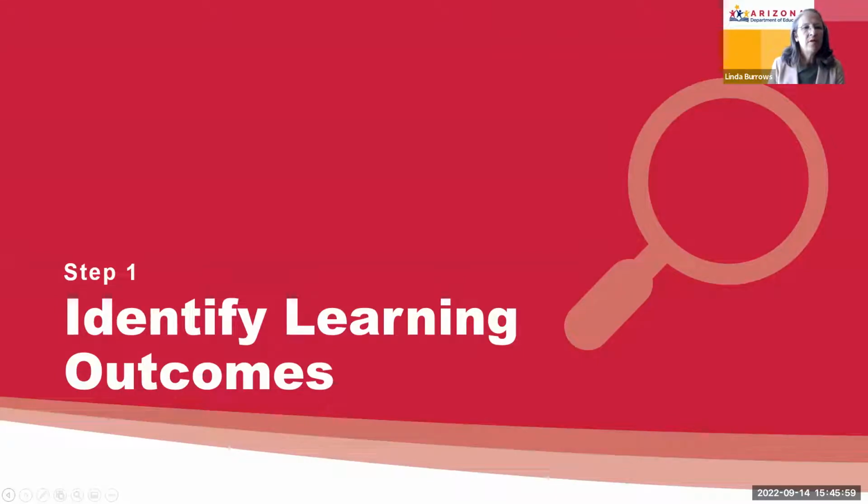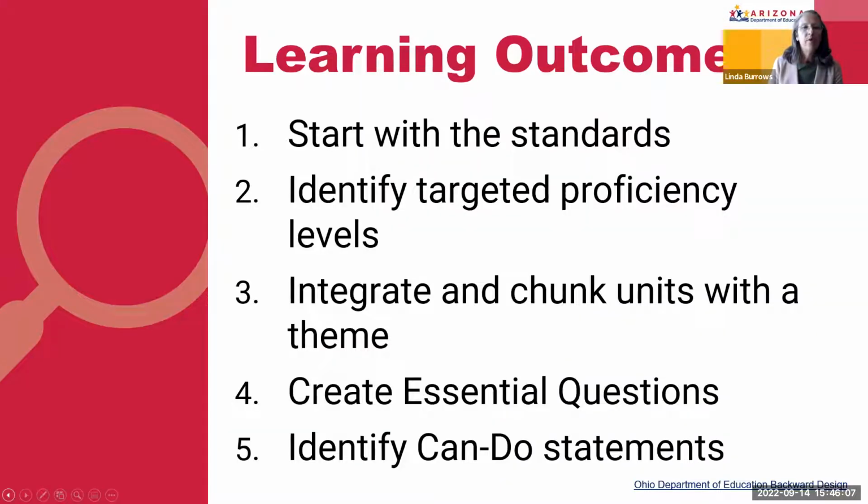Starting off with step one, we want to identify our learning outcomes, and with our learning outcomes, we really start with the standards. Arizona state standards are written as proficiency-based standards.